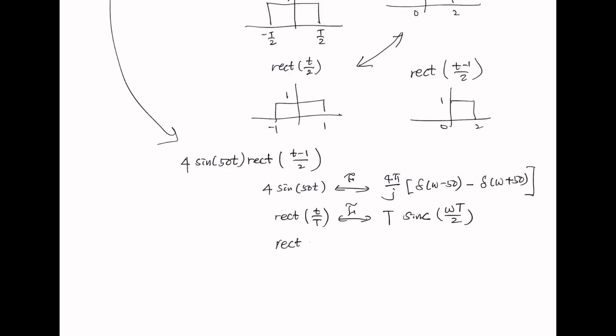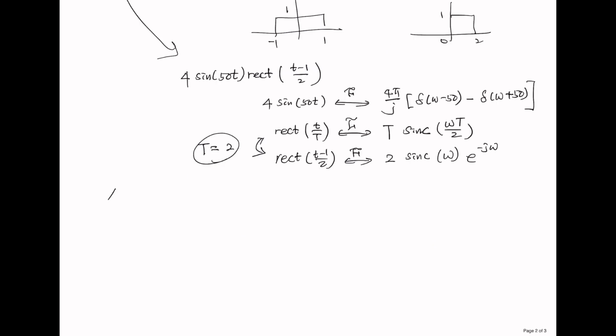Then rect t minus 1 over 2. So when you compare these two, we know big T equals 2. For the t minus 1, we can use time transformation. Then big T, which is 2, sinc big T over 2, 2 over 2, which is 1, so it's just omega. And then t minus 1, we have to have an e to the negative j omega. In this case, a equals 1, so it's just negative j omega.